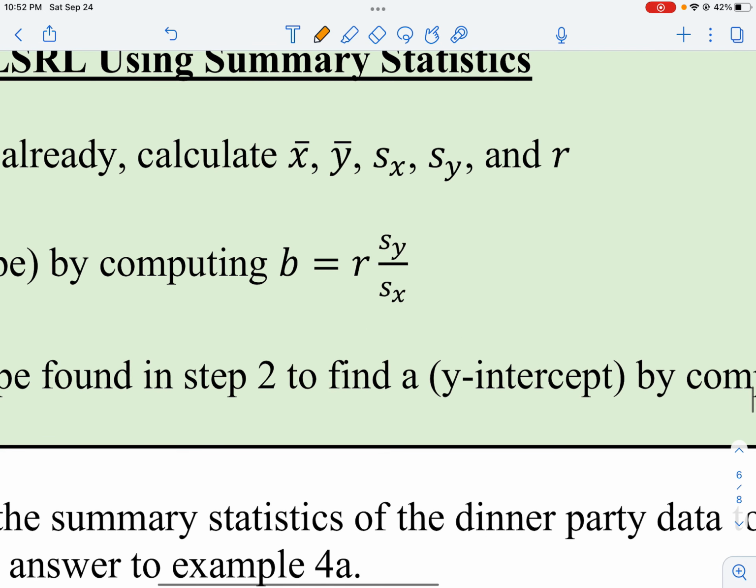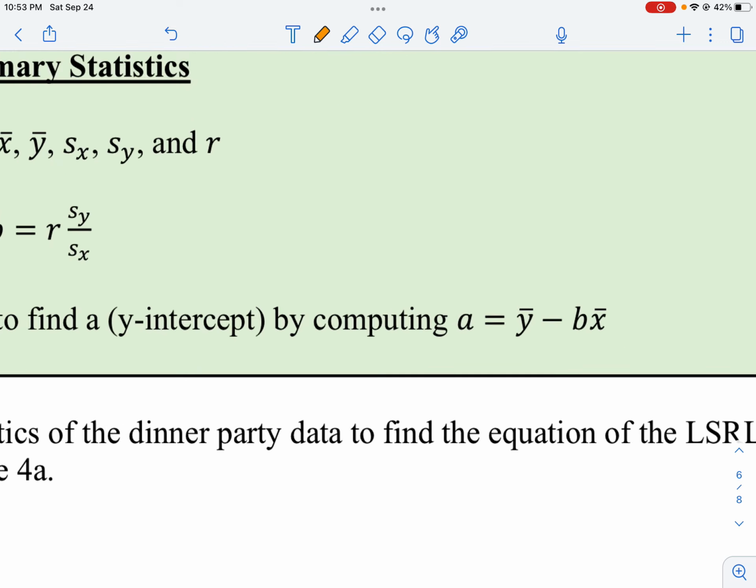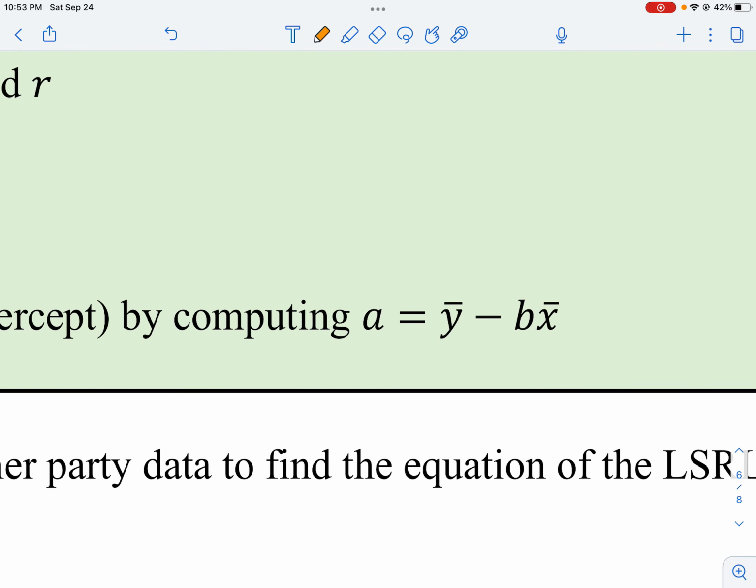B is equal to r times the standard deviation of y over the standard deviation of x. And lastly, use the slope that we've just found in step 2 to find a, which is our y-intercept, by computing this equation. A is equal to y bar minus b times x bar, the average y and the average of the x's.